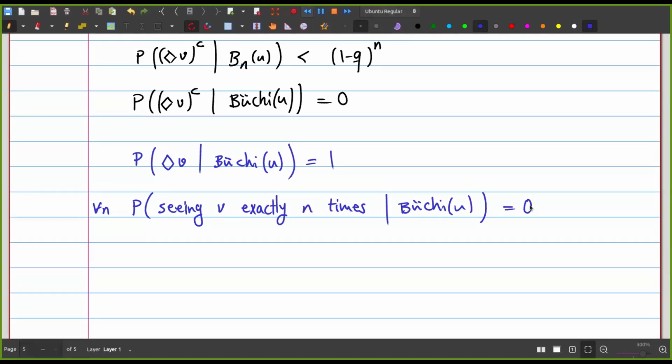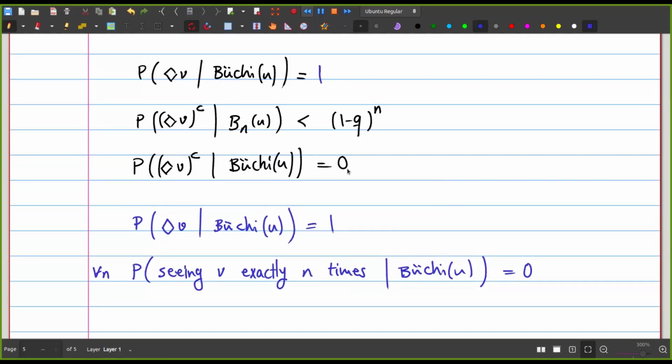Because I can make the same argument. I can say, well, after I see V n times, I'm still going to see U infinitely many times. So if I see V exactly n times, it means that after the last visit to V, I have infinitely many visits to U, but I'm never visiting V. So I'm in this case, which I've already shown is 0.